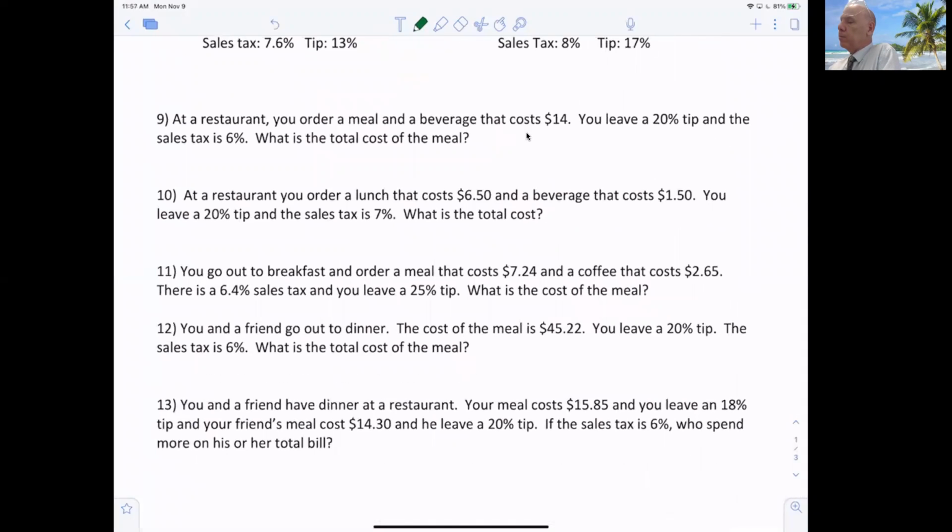I recently ordered a meal and a beverage that costs $14. This is a 20% check around it, and the check's how much it's like, but it's a total cost. Okay. So you do 14 times 1.2, I like that. On 14.80.